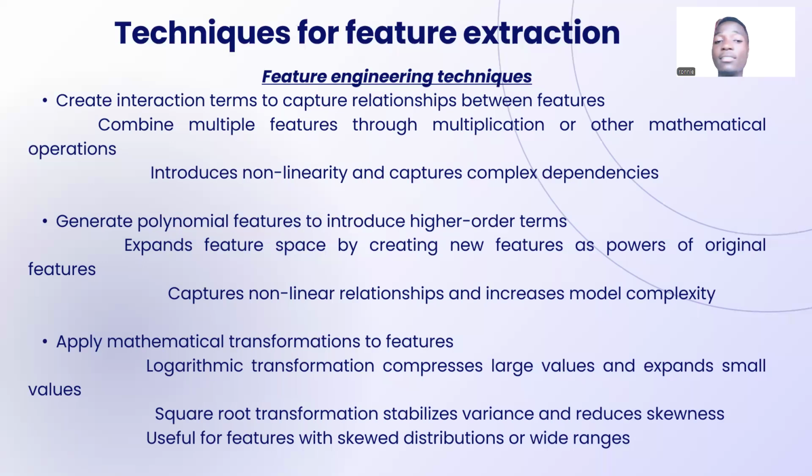It can create quadratic features. Let me say PM2.5 squared can improve the model accuracy. For example, PM2.5 squared has a stronger correlation with bad air quality than PM2.5 alone.